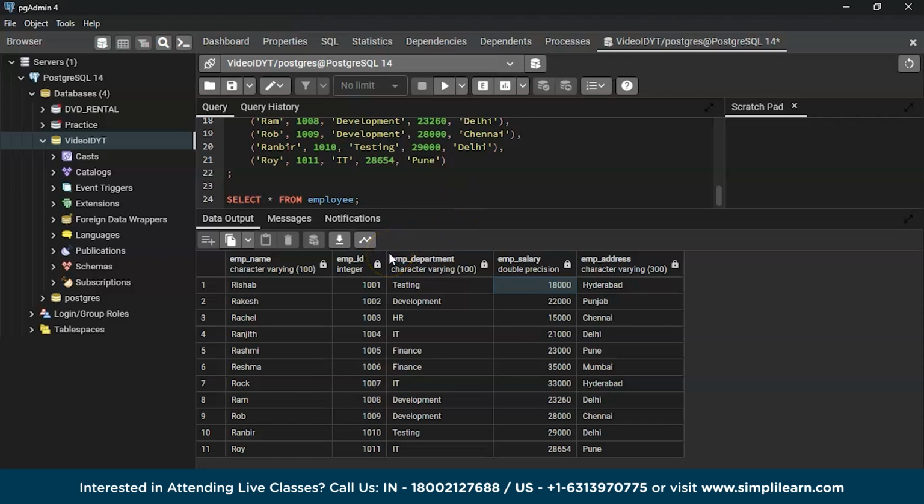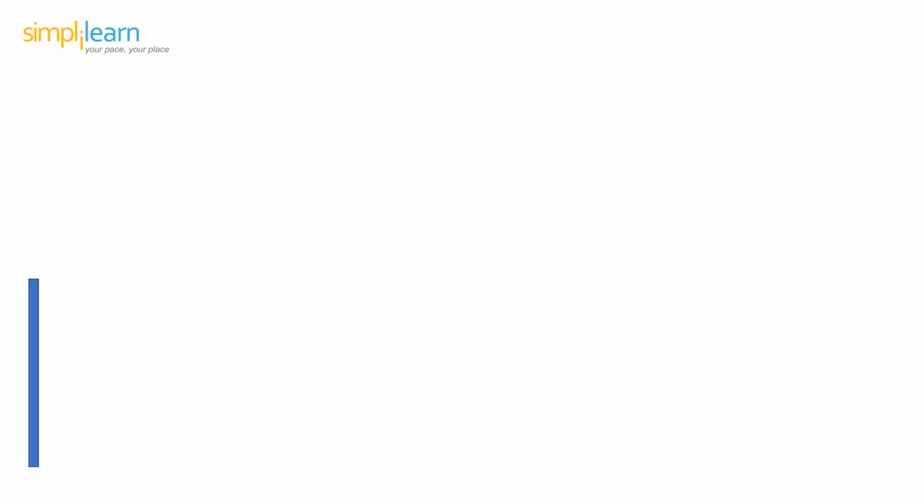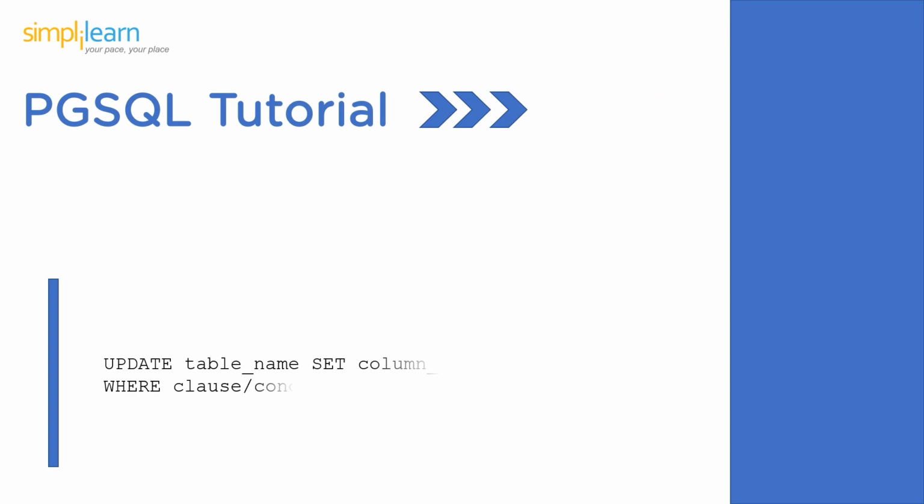Now let's discuss the syntax for update command. So the syntax is as follows. We have the update keyword, then the user-defined table name, then the set keyword, and followed by that the column name and the value. Then we have the where clause. Now let's say we wanted to improve Rishabh's salary. So update keyword, then the employee, which is the table name.